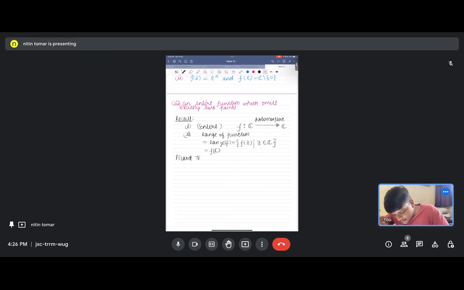Picard theorem says, or this is Little Picard. So, Little Picard theorem, what does it say?